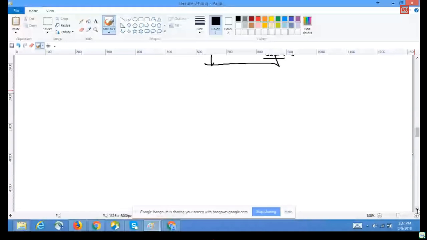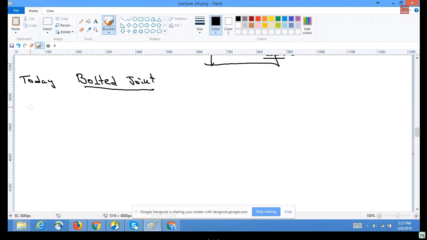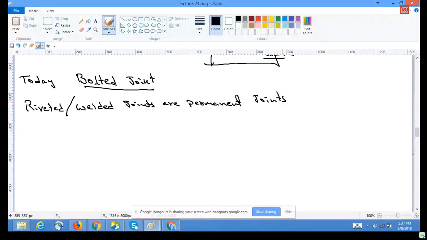Unlike rivets, today bolted joints. In the case of riveted or welded joints, they are permanent, because in order to remove them you have to cut the rivets, unweld it, or cut the metal plate.